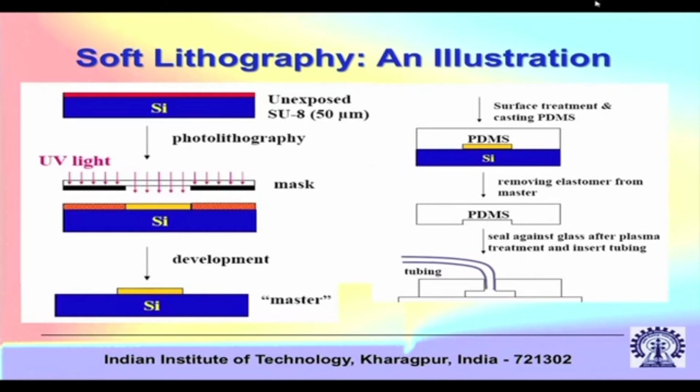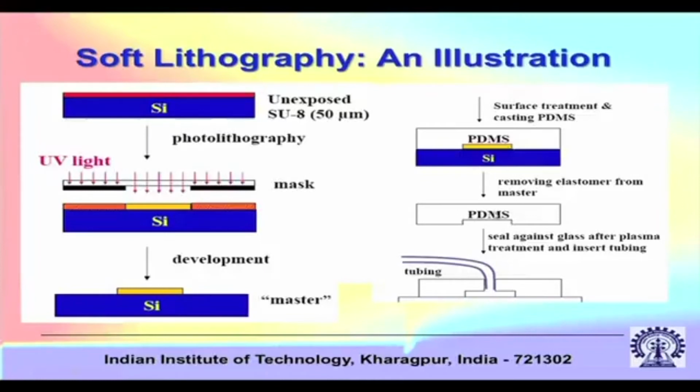So let us say that this is a mask and this is the Si structure on which you have photoresist. So you have developed a master. So this is the master pattern. Okay. Now you have kept the master pattern and then you cast PDMS on the top of that.